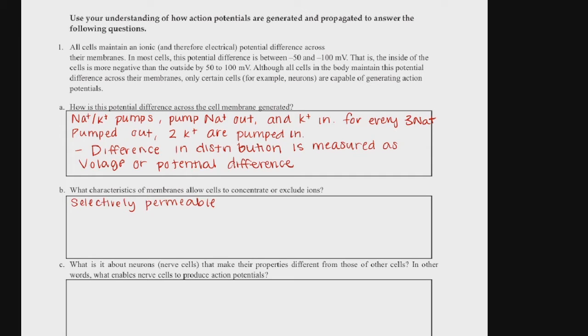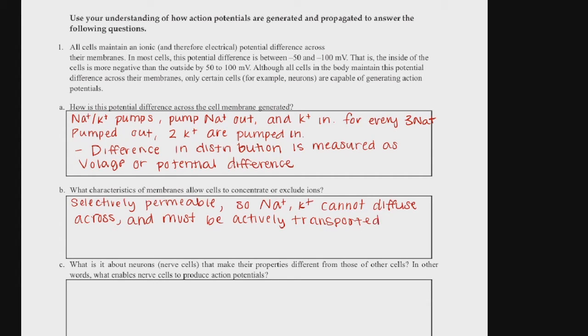So ions like sodium and potassium cannot diffuse across, and must be actively transported or diffuse through specific ion channels.